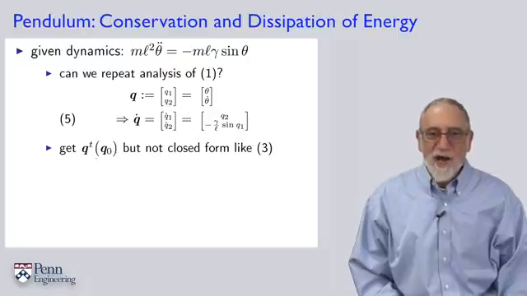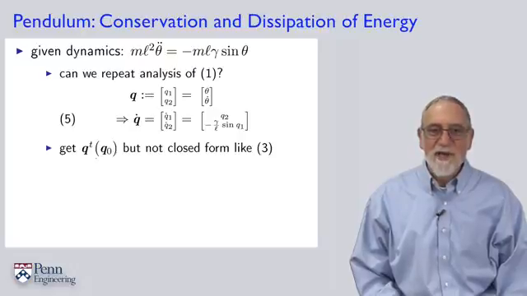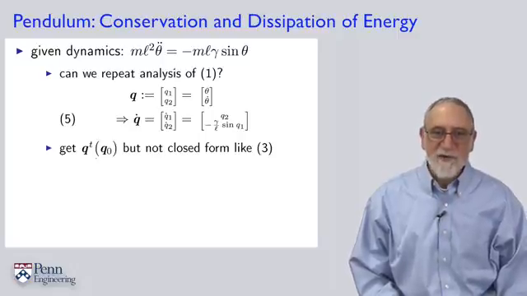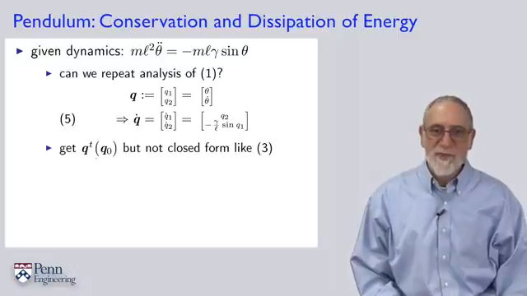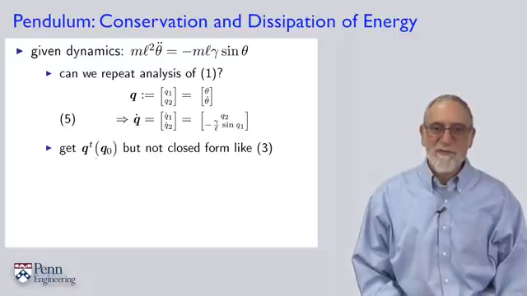In Q2 dot, we realize Q2 dot is d by dt of Q1. So d by dt of Q1 is Q1 double dot, and Q1 double dot means that we should solve for theta double dot in this scalar second order physical version of this first order two-dimensional system that we're writing down.